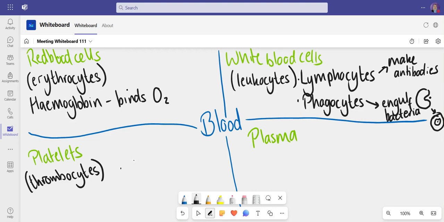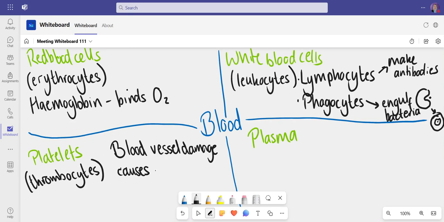So when there's any kind of injury to your blood vessel, when a blood vessel gets damaged, it causes your platelets to come into action. What they do is they basically stick together and form a little blood clot to prevent you losing any more blood.